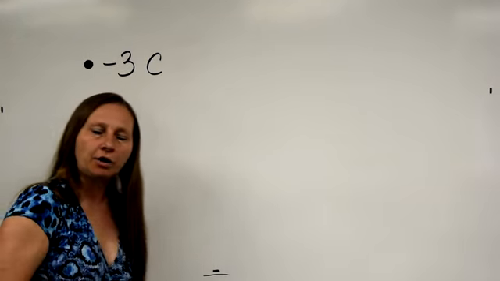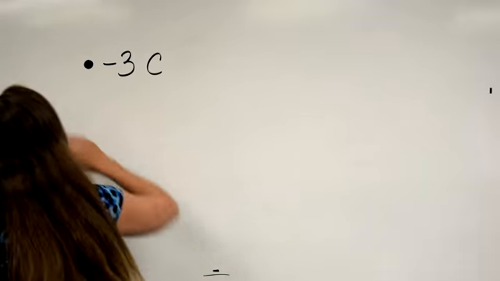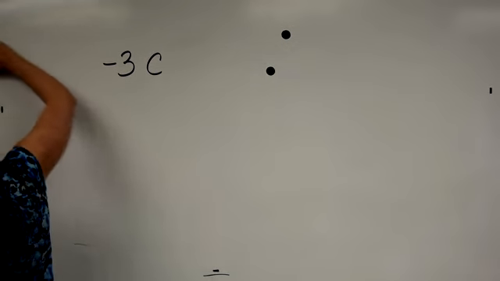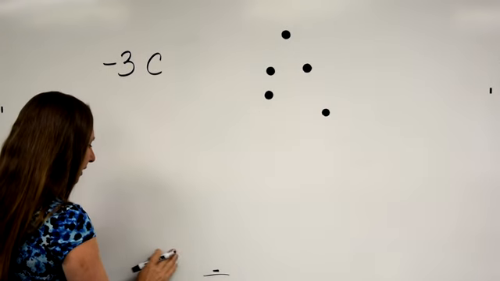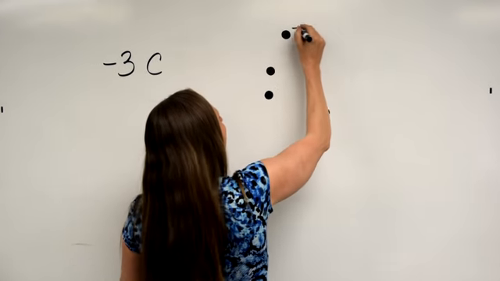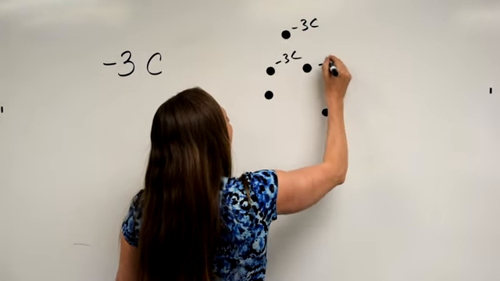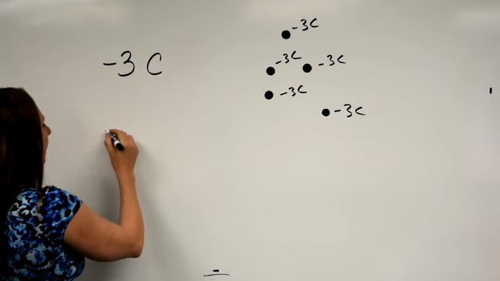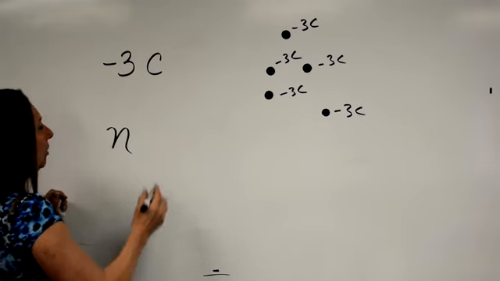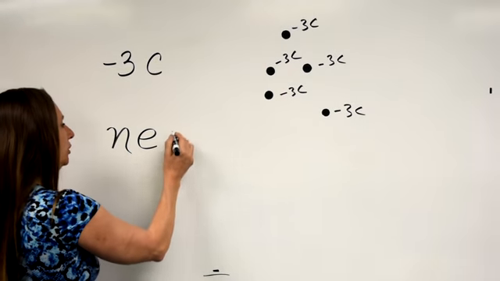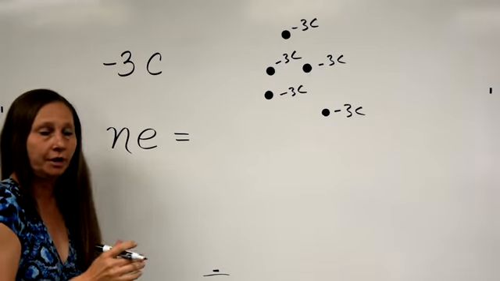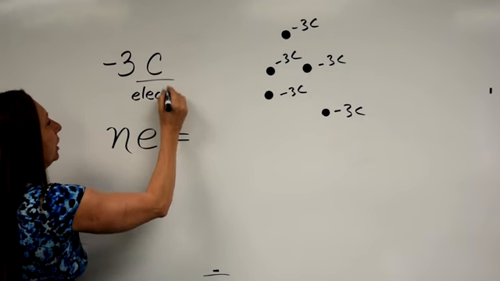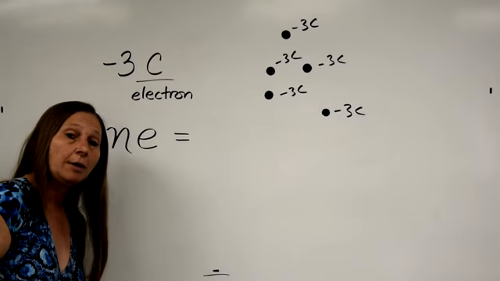So if each electron is negative 3, what if you had 5 electrons? 1, 2, 3, 4, 5. Each electron would be negative 3 coulombs. So the total charge that you would have would be: take the number of electrons, multiply by the elementary charge in our weird universe, which is negative 3 coulombs per electron.